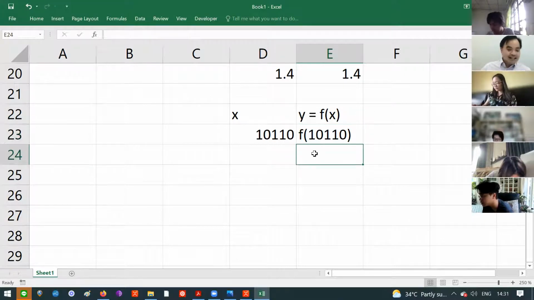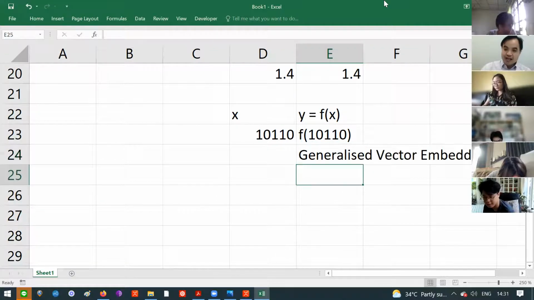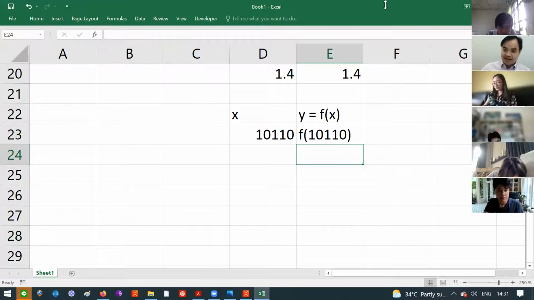And that is, after halfway through the class, you understand what's called generalized embedding. With this kind of approach, you can actually embed something like that, but not now.